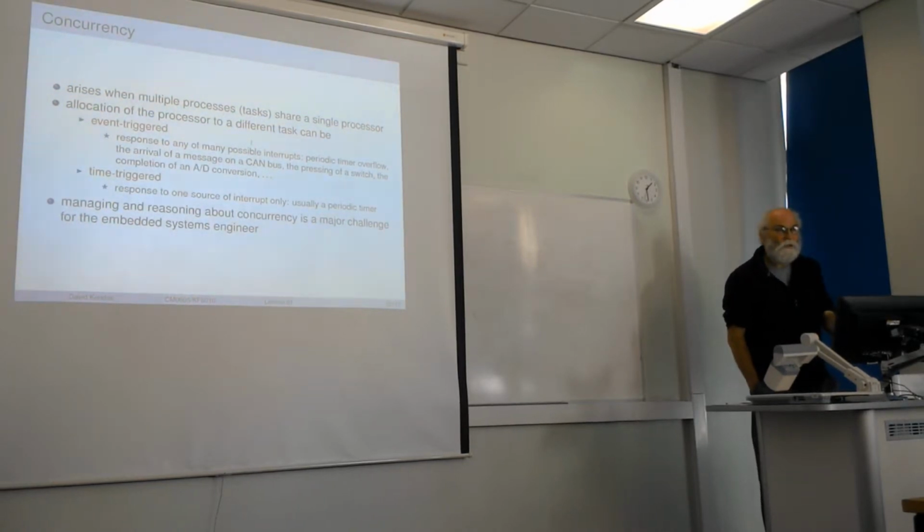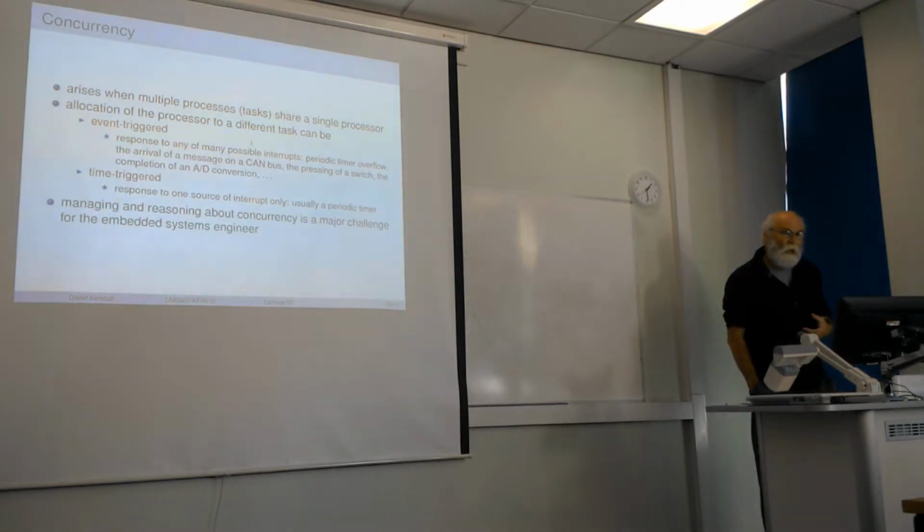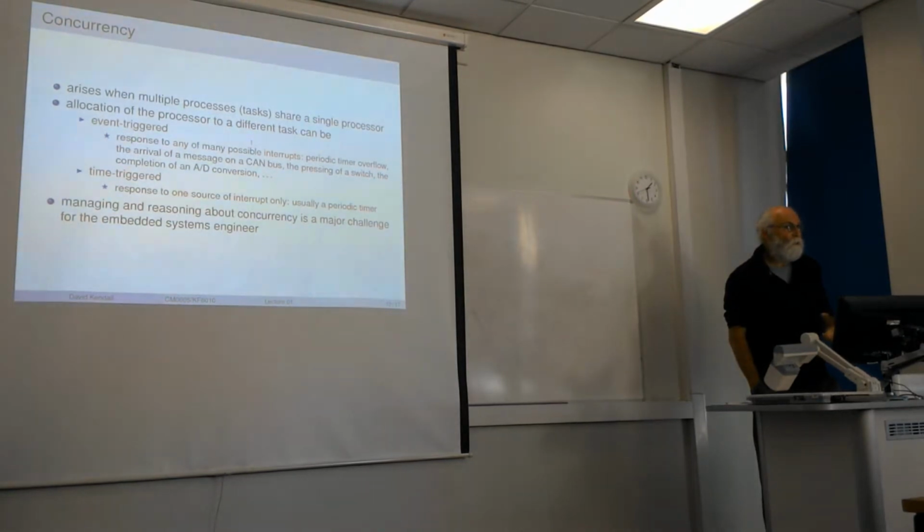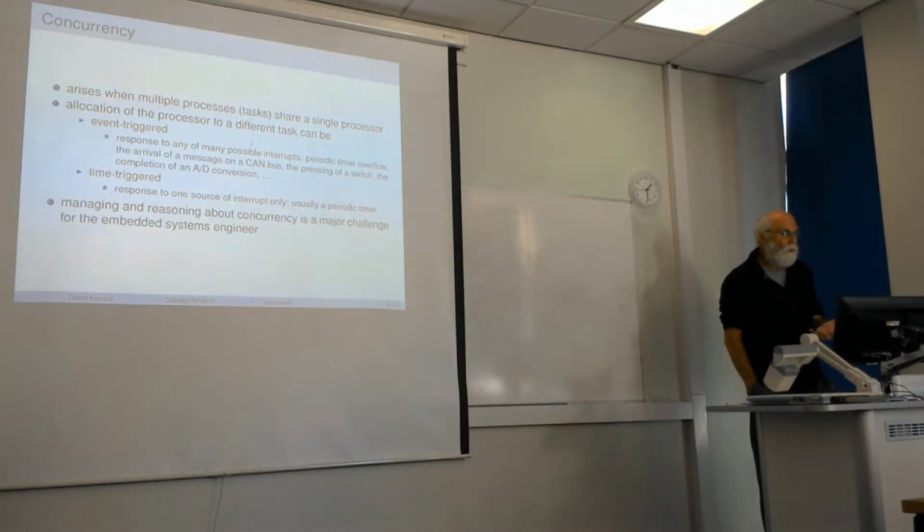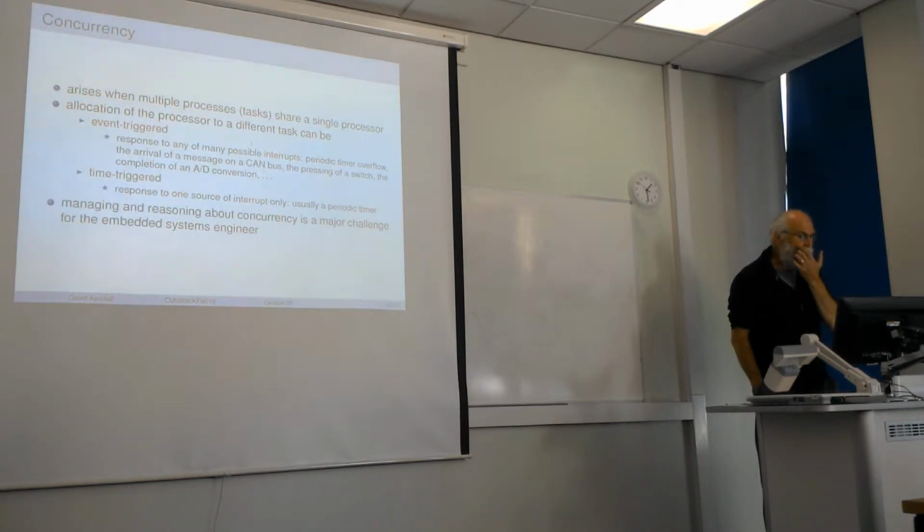Maybe we've pressed a switch somewhere on our system and that's caused some GPIO to raise an interrupt. Maybe we've asked for an analog to digital conversion somewhere down the line and that's just finished, and now we're ready to collect the data, and so our ADC raises an interrupt for us.